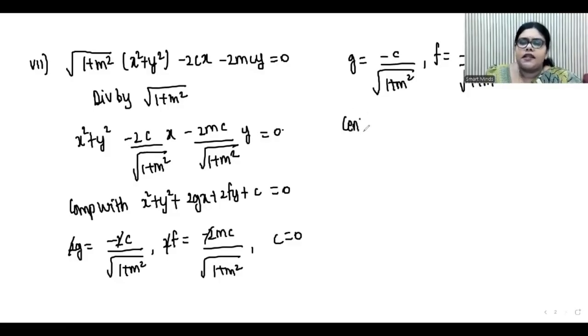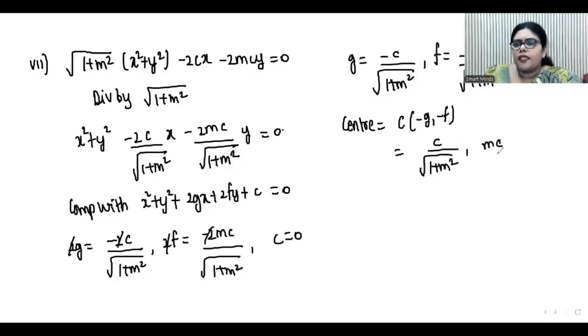So what is the center? Center is (−g, −f), that is (c/√(1 + m²), mc/√(1 + m²)). This is the center. We need to find out the radius now.